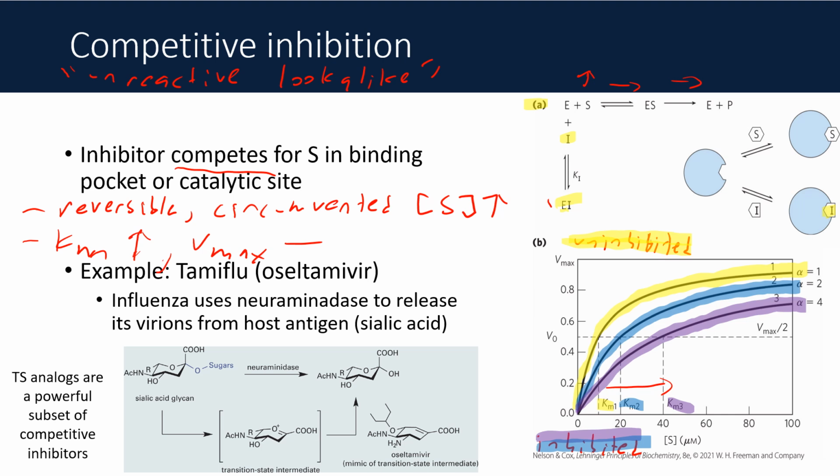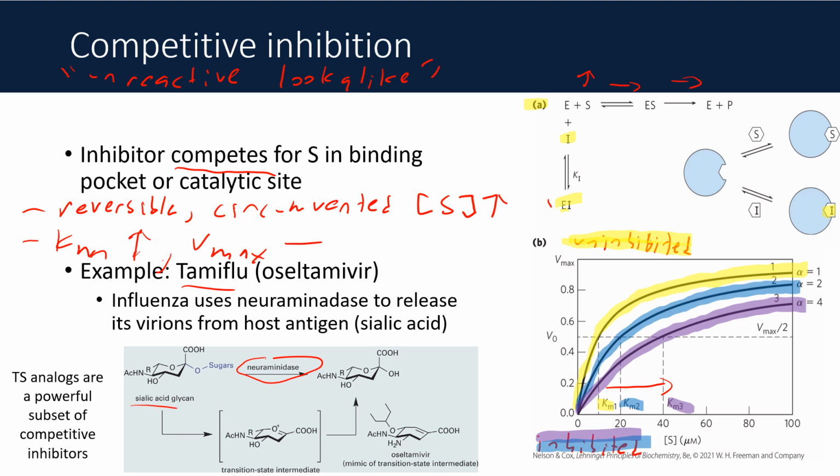A famous example of a competitive inhibitor that most of us likely have sampled is Tamiflu, which is more formally known as oseltamivir. This drug is an inhibitor of a certain enzyme the flu needs to infect cells. That viral enzyme is called neuraminidase, by the way, and its substrate is a sugar unit that's on the outside of our cells called sialic acid.